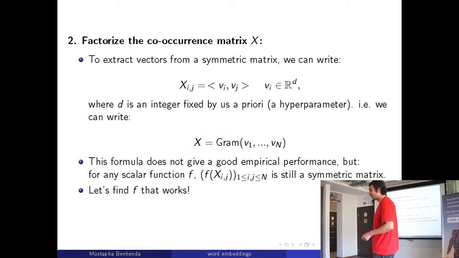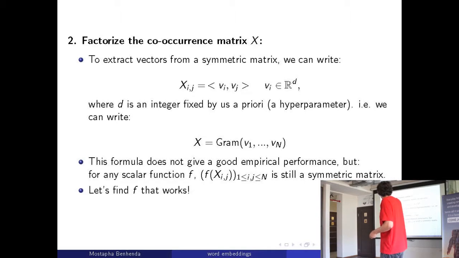So we try some cooking, and we note that if we have a function f that is scalar, which means that it only manipulates numbers, a scalar function applied to a matrix is just f applied to each of the items of your matrix. You notice that if you apply any function, your matrix is still symmetric.